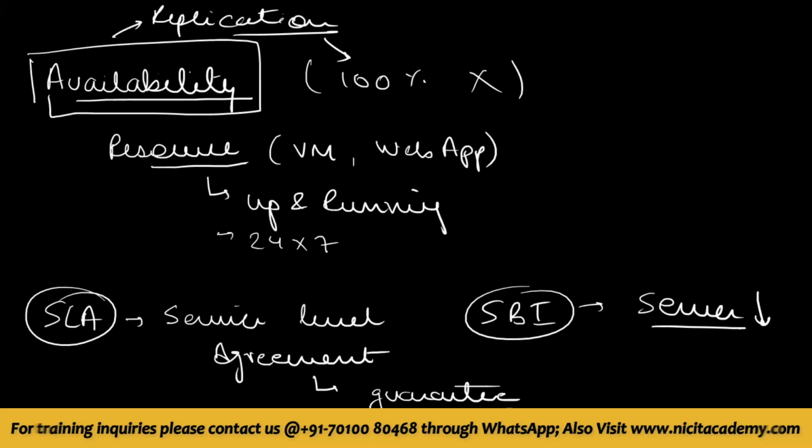All right. Guarantee means if I am telling you that the SLA for a particular service is 99.90%, this means that the service, the application, will be up and running at least 99.90% of the time in a month. And this is the guarantee by Azure.